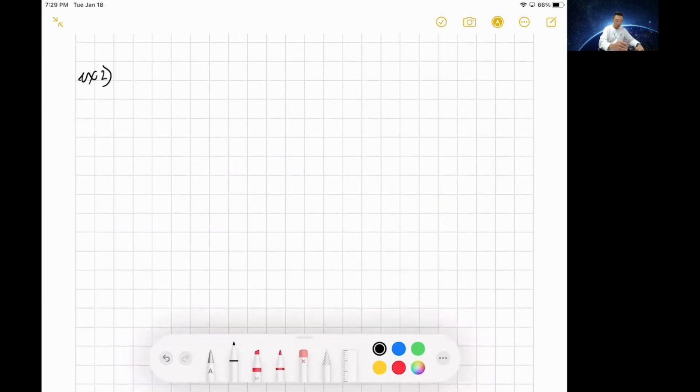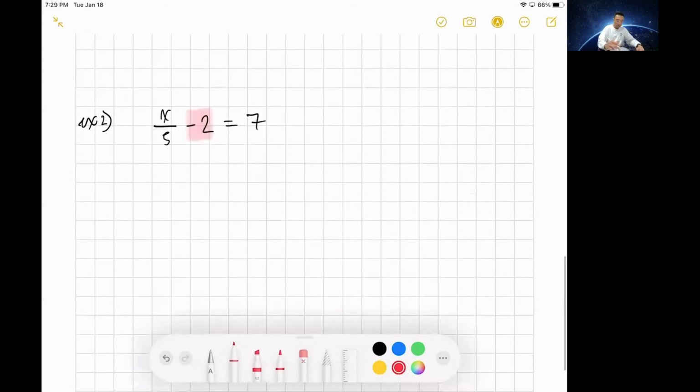division and a subtraction. So super simple, let's say x over 5 minus 2 equals 7, something like that, okay? Now again, you have a subtraction relationship, right? X over 5 minus 2, that's a subtraction relationship.